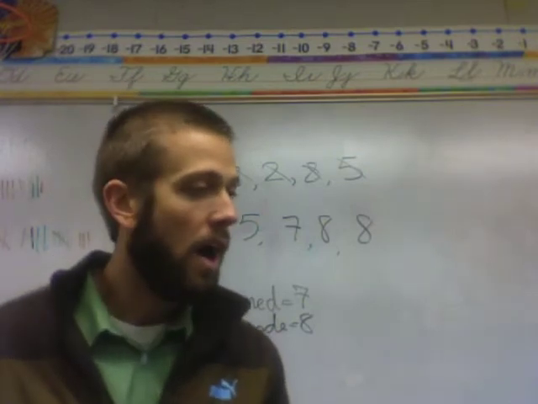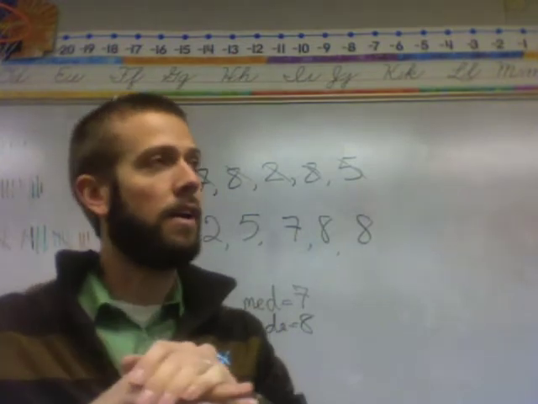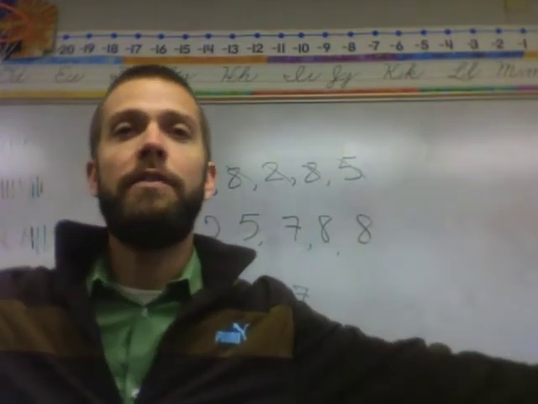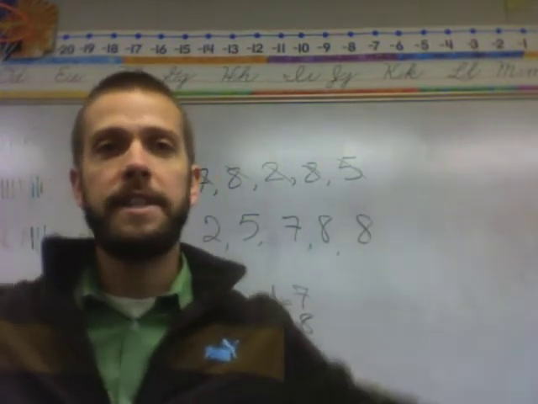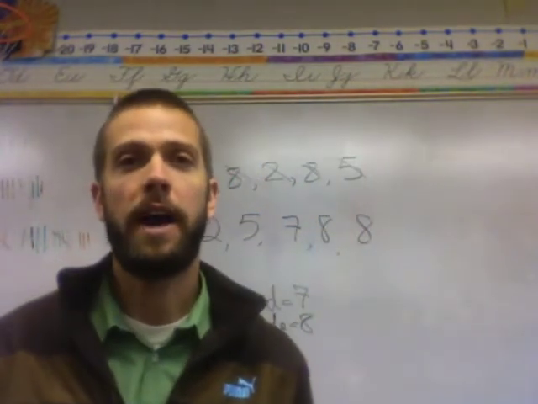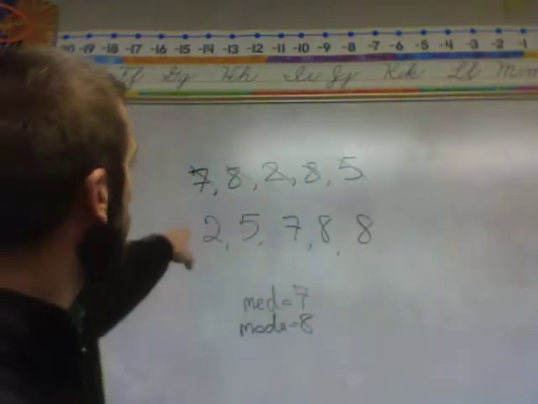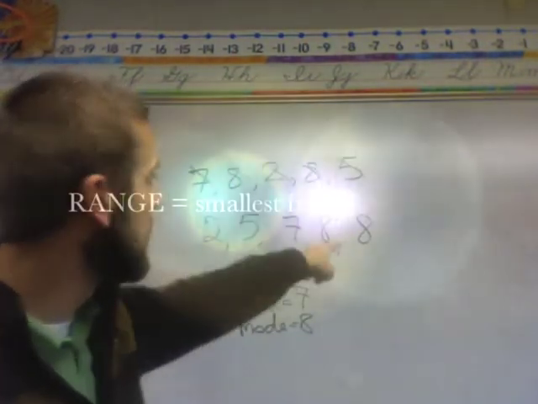Okay? Range. Now range, I like describing it as like an open range, a big field. And how far is the distance from one end to the other? So what you need to decide is how far is it from one end of my numbers to the other? How far is it from a 2 to the 8?